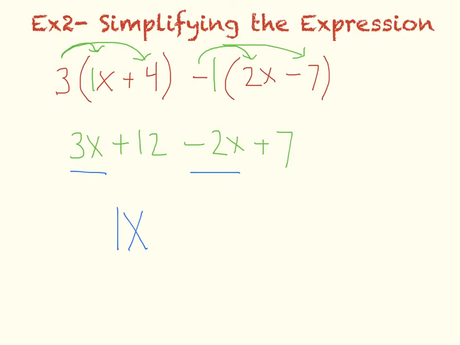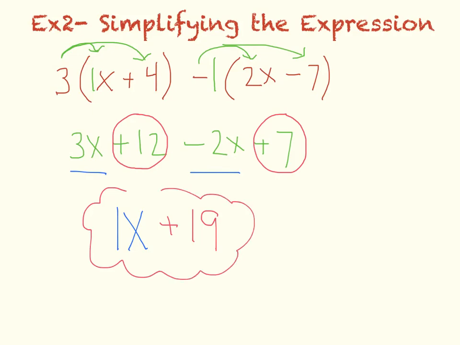Can we combine them? Well, they're like terms. We've got +12, and we've got +7. Well, they don't have variables. They're alike. +12 plus +7 is +19. And this would be our final answer.